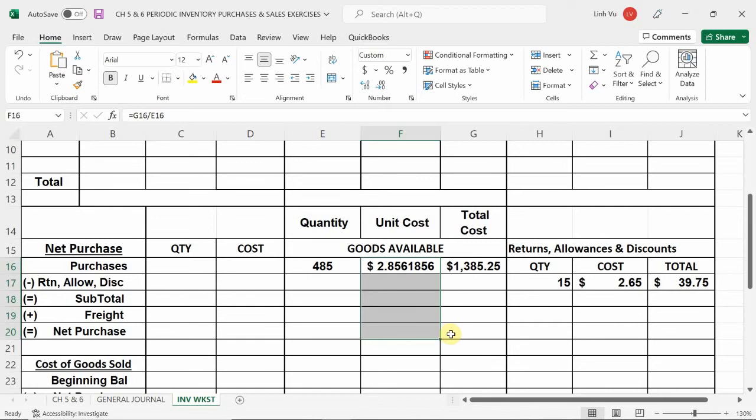It's 2.856186. Okay, so it rose in price.